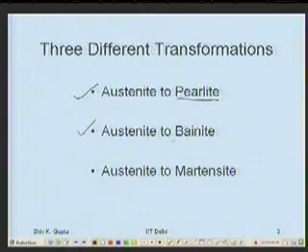When the temperature is lowered further for transformation, that is, physically faster cooling, the diffusion becomes difficult for carbon, and then the transformation to bainite occurs, because the driving force for FCC austenite to go to BCC ferrite is very high.